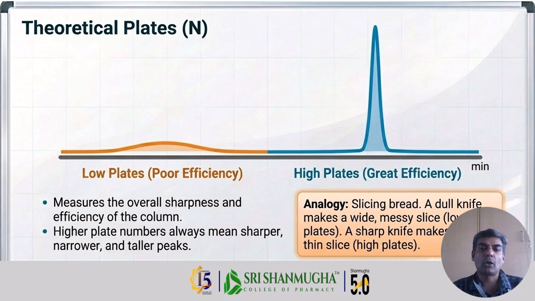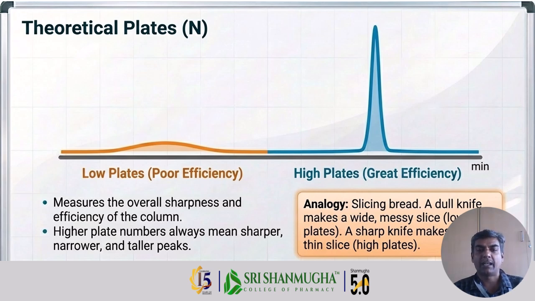A higher number of plates means sharper, taller and narrower peaks, which is ideal. A lower number means broad and less efficient peaks. Think of it like cutting bread. A sharp knife gives a clean, thin slice, while a blunt knife gives a thick, messy slice. Similarly, a good column produces sharp peaks.